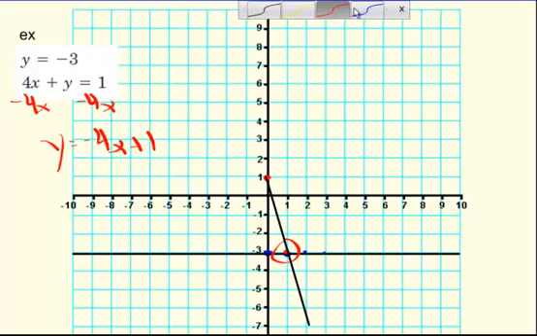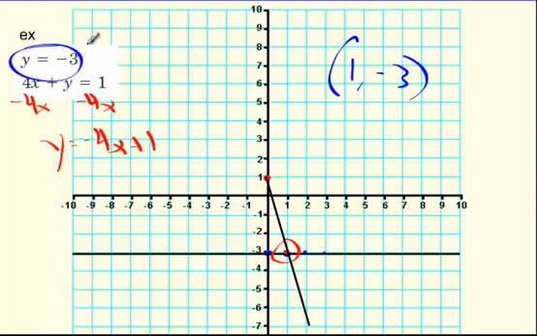And if we get an ordered pair, it looks like 1 combined with, I know it has to be negative 3 on the y because that's the only thing it can be based on this equation. So I knew before I got started the y value has to be negative 3 because that's the only thing y is in the first equation.